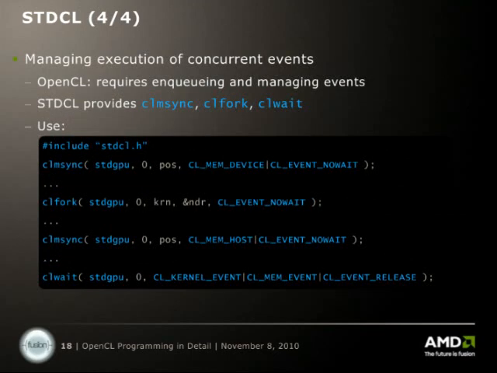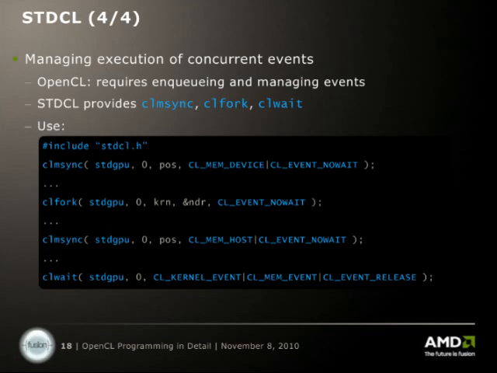And finally, managing the execution of events. With OpenCL, you would enqueue things on the command queue, and you would have to manage the resulting events. With standard CL, you use clmsync and clfork. In the case of clmsync, you use that to either synchronize data to the device or to one of the devices within the system, or to synchronize it back to the host. And this effectively manages the data transfer for you. clfork is then used to execute your kernel on one of the selected devices.